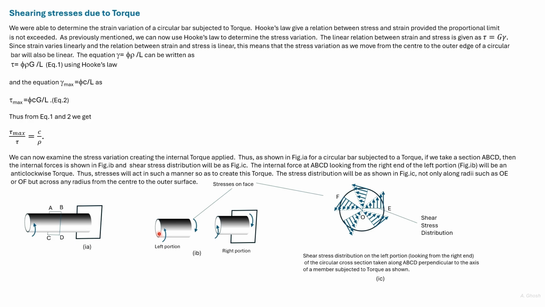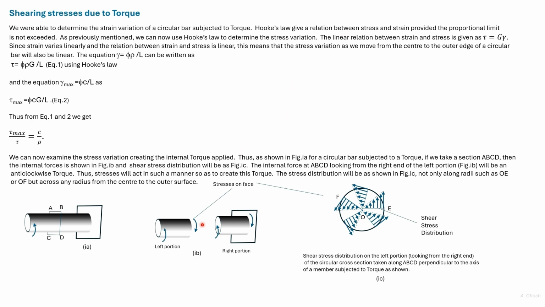We have separated here the left hand portion. So a torque must act on the section so that the whole left hand portion is in equilibrium. Looking from the right end, this torque is in anti-clockwise direction.